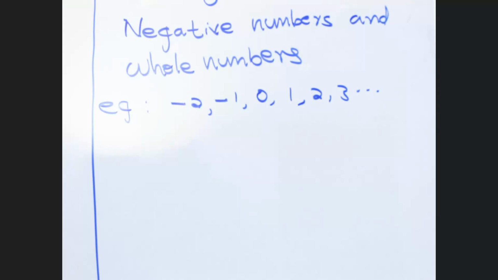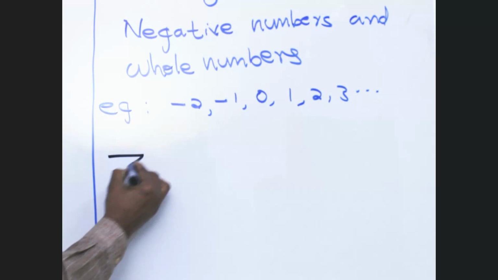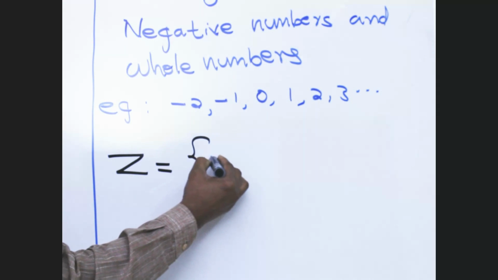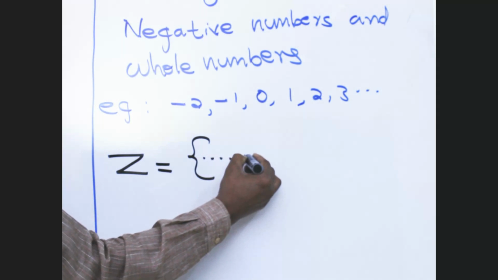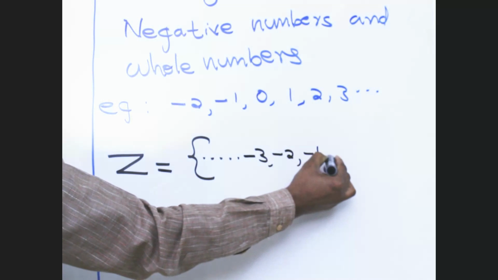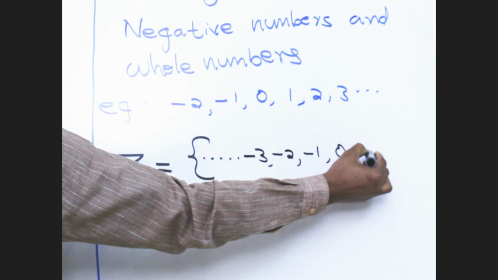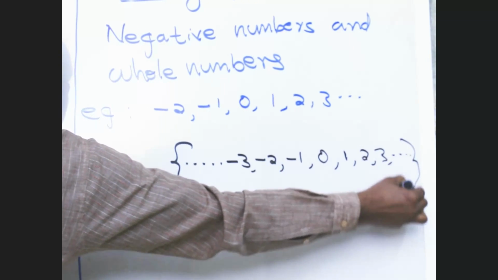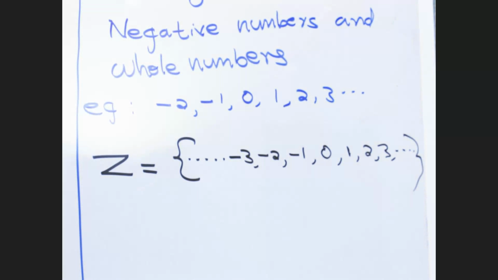The representation letter of integers is Z. So we are representing it like this: capital letter Z equal to the set of etc., minus 3, minus 2, minus 1, 0, 1, 2, 3, etc. This is the group of integers.